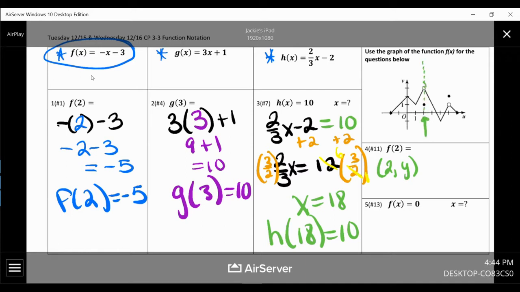This graph here, we have an open point and a closed point, so we know we're using that closed point because anytime a point is shaded in, filled in, that means that can be a solution. So this point here is 2, 1. X equals 2, y equals 1. So that's the value of the function. F of 2 equals 1.